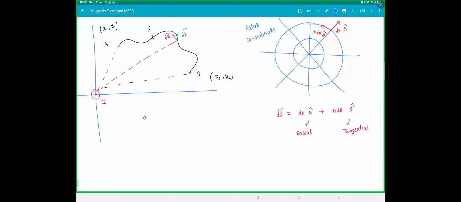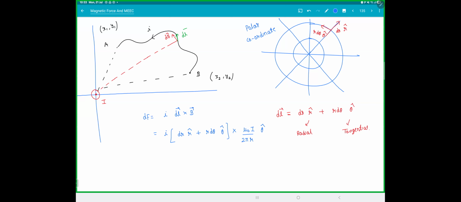Then we know the force dF will be I dl cross B bar. So dl is dr r cap plus r d theta, theta cap, crossed with B, whose direction will be, with magnitude mu naught I by 2 pi r, theta cap. Agreed?